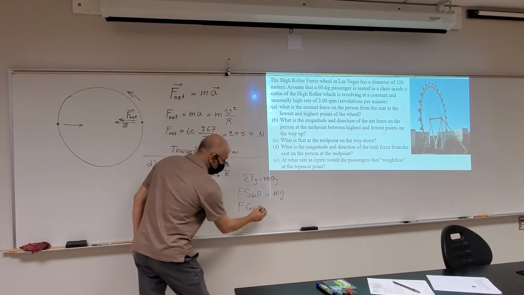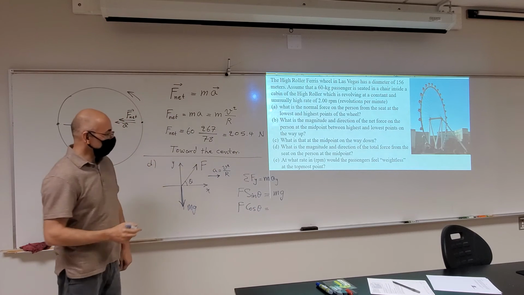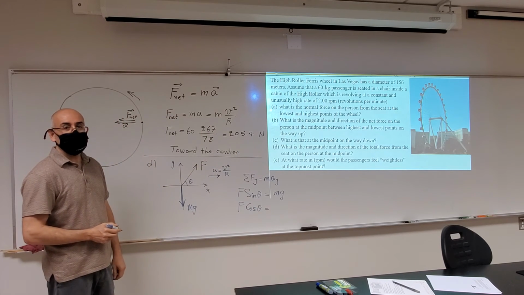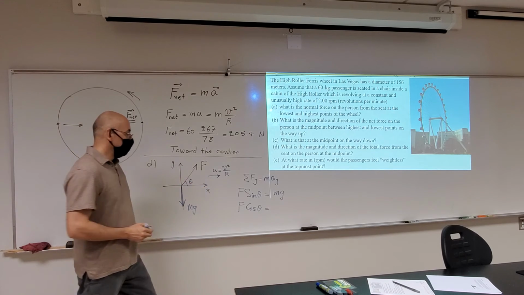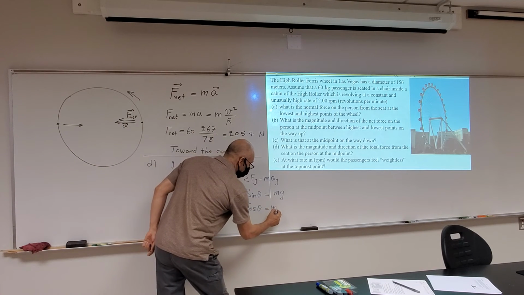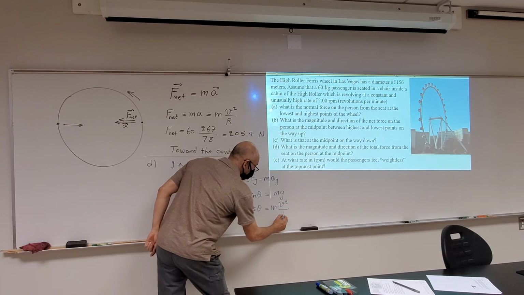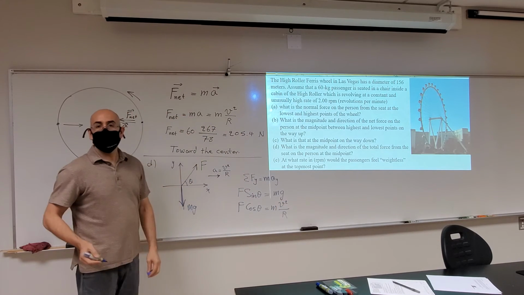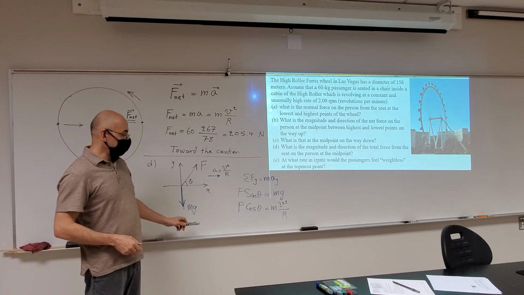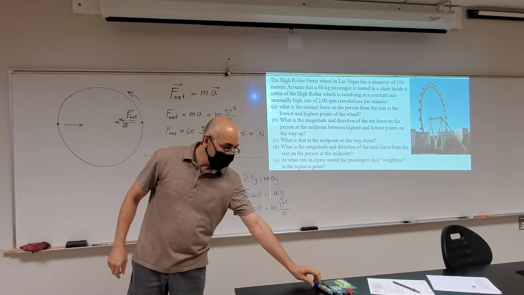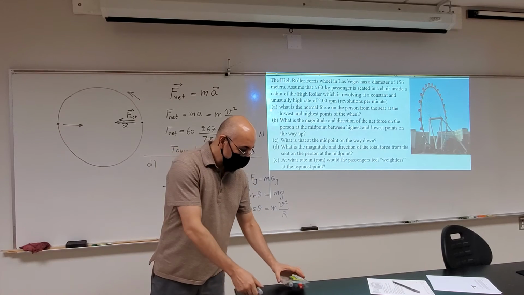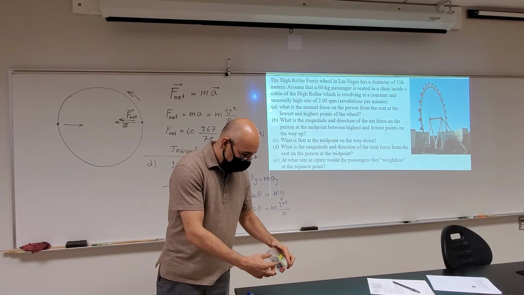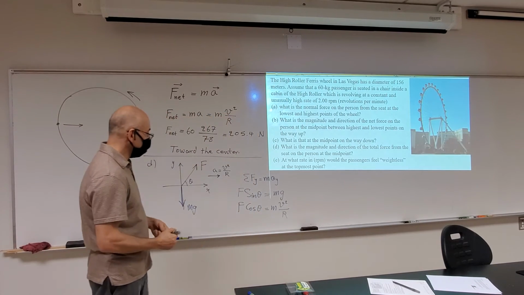F cosine theta equals what? Not 0, there's acceleration. There is acceleration: mv squared over r.